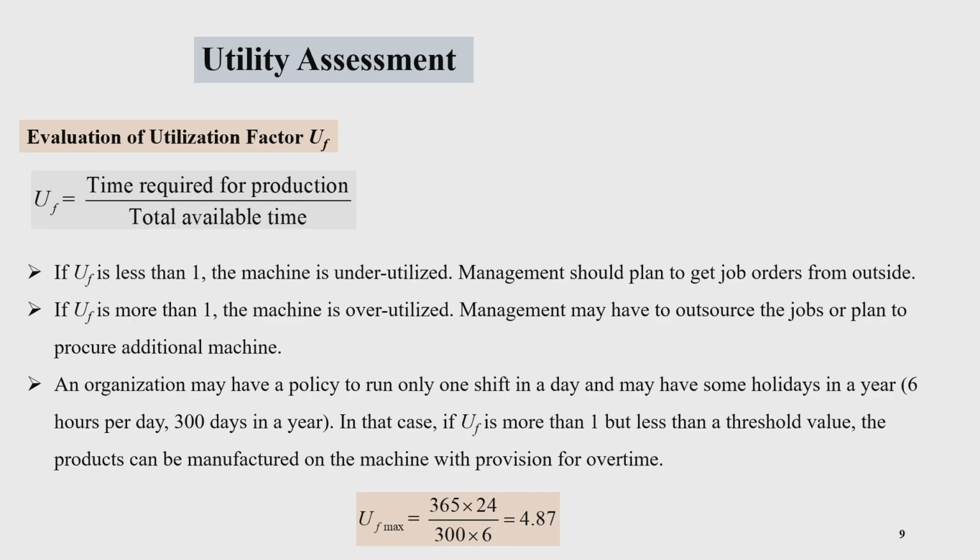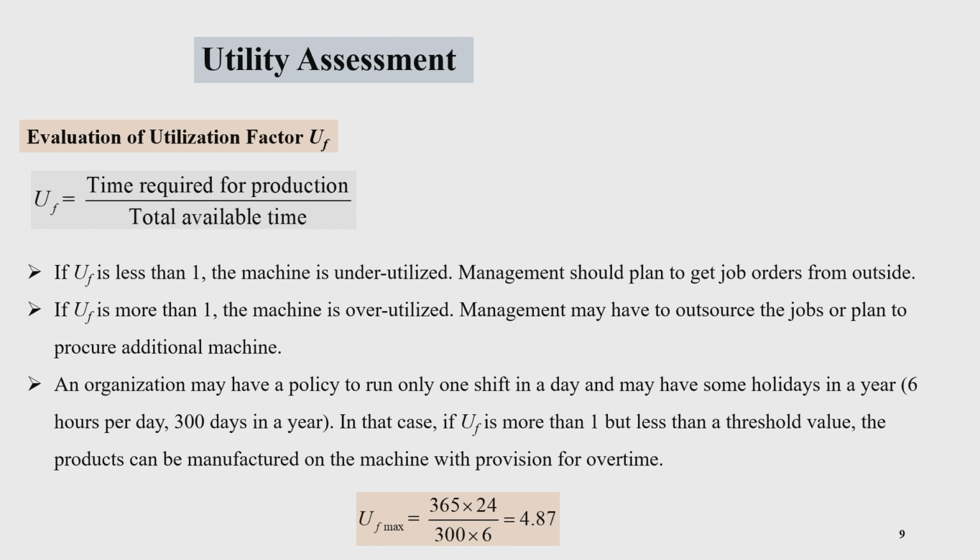So I defined a utilization factor, that is the time required for production over the total available time. Suppose the available time of the machine is too much, but the time required for production is less, then the utilization factor will be less. If UF is less than 1, then the machine is underutilized.